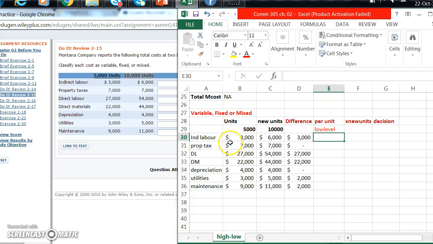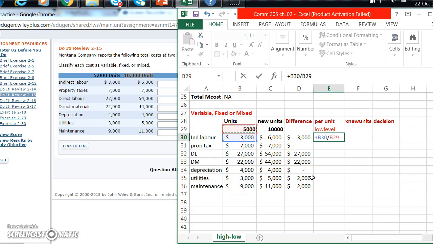We take the cost related to the activity divided by the units of production. And remember, each of these numbers must be divided by 5,000.